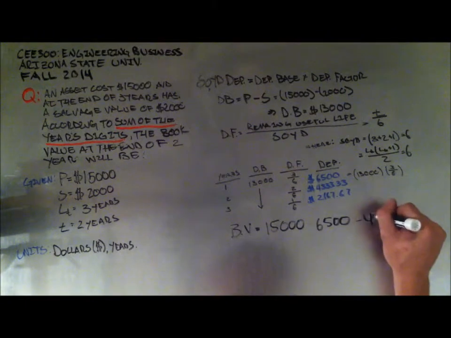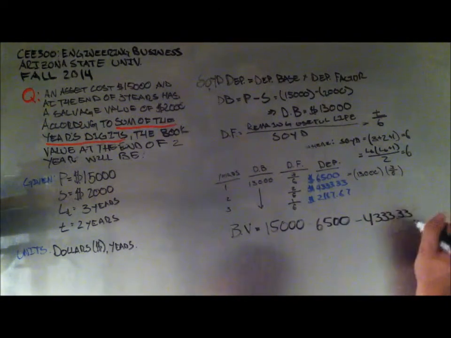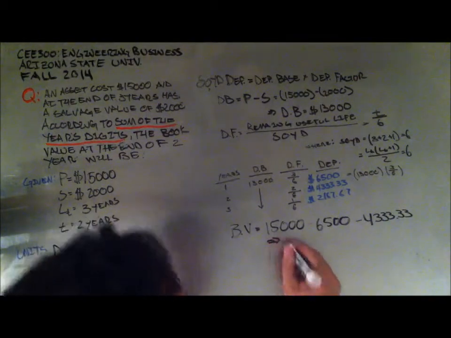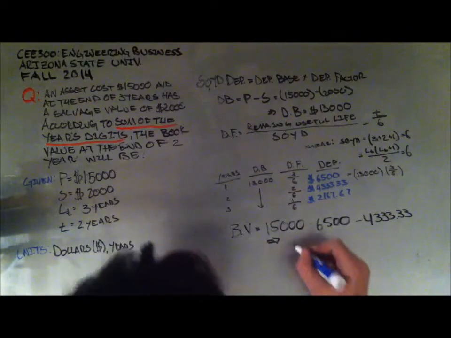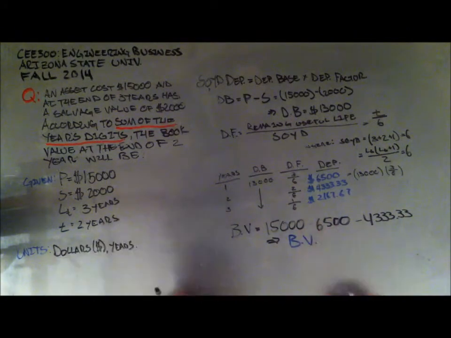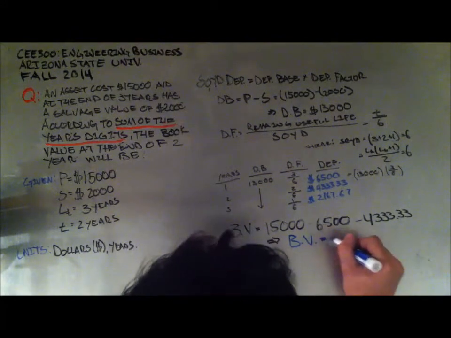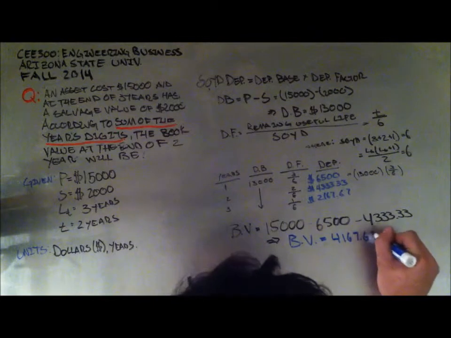So we'll subtract $4,333.33. Therefore, we will get a book value and an asset value worth $4,167.67 after 2 years.